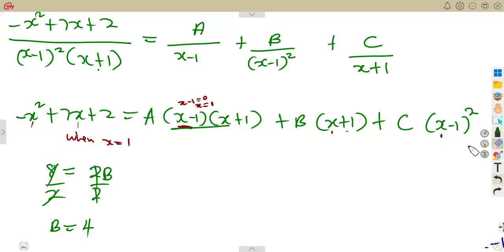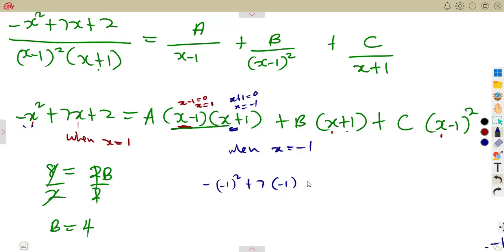Okay, so let's move on to another part. We can work with the bracket of x plus 1. If we let this bracket of x plus 1 be 0, it means x is minus 1. So when x is equal to minus 1, substitute minus 1 in place of x. It will be minus 1 squared, plus 7 into minus 1 plus 2. That is the proper way, and you get minus 6 there, which is equal to, that's a 0 there.